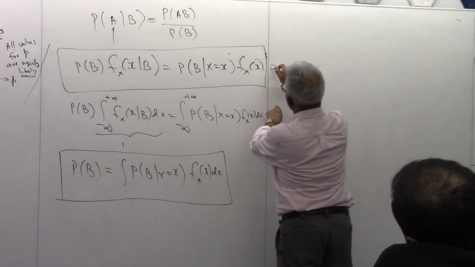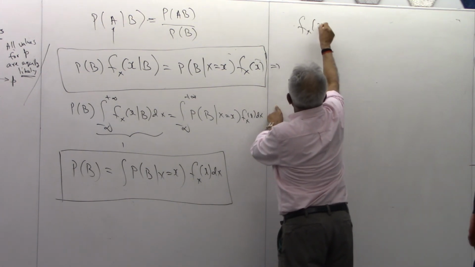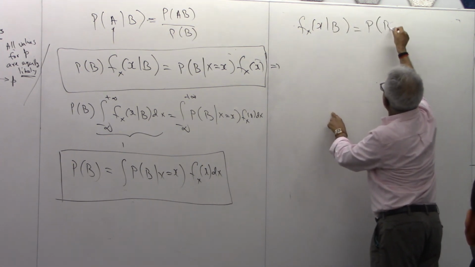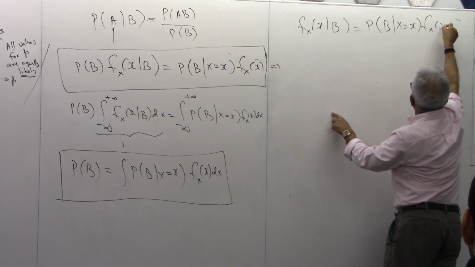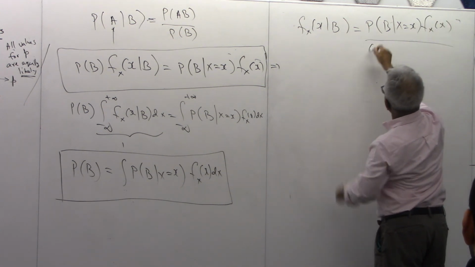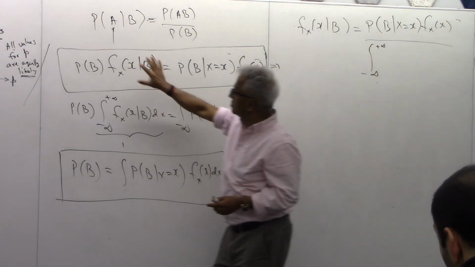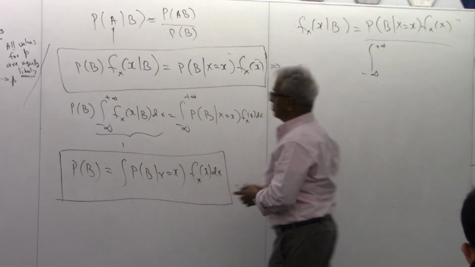Finally, I'm going to substitute that into this expression. So I'm going to go here and write: this is this divided by P(B). P(B) I'm going to plug in from here.